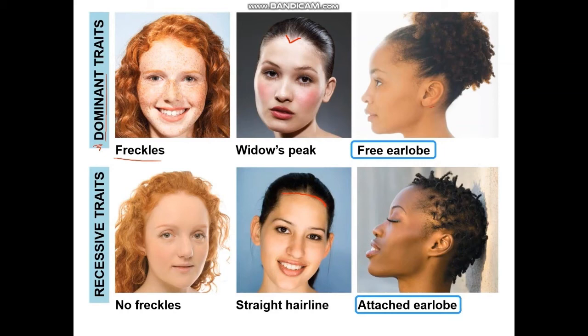Whether you have free earlobes, which is what I have here, where the lobe kind of hangs down almost like a pendulum before it attaches to the side of your face, versus attached earlobes, which is the recessive trait, where the earlobe attaches basically as soon as it can to the side here, and you don't have that little flap hanging down here. We're going to use earlobes in order to investigate another kind of genetics problem that we could talk about.